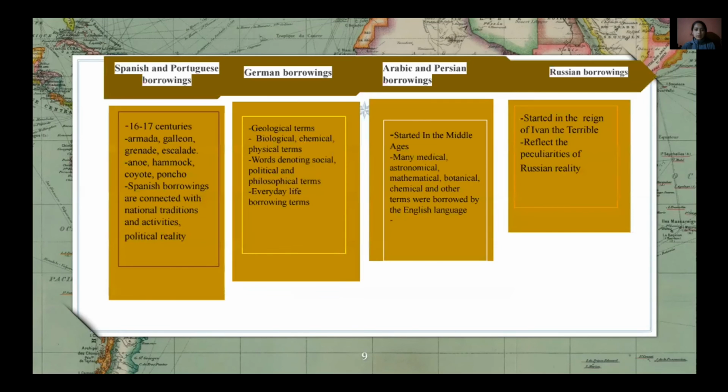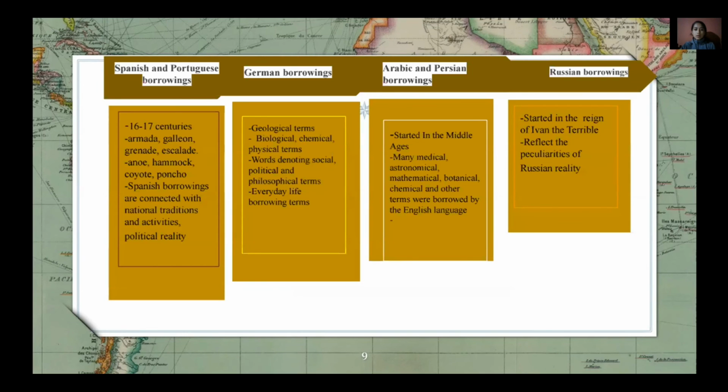Spanish and Portuguese borrowings developed in the 16th and 19th centuries. Portuguese navigators and the Spanish conquistadors introduced words such as galf, alcove, and bizarre. Spanish borrowings are connected with the national traditional activities, social and political reality.